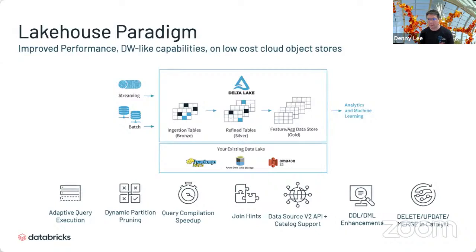But the reality is that as you are all sharing data, often you're going to be using a cloud environment. It doesn't matter which one, right? It doesn't matter if you're using Google Cloud Storage, Azure Data Lake Gen 2, or S3. You want to make it easy to share that data. You want to make it easy to run high-performance data warehousing queries, but on that low-cost object storage.